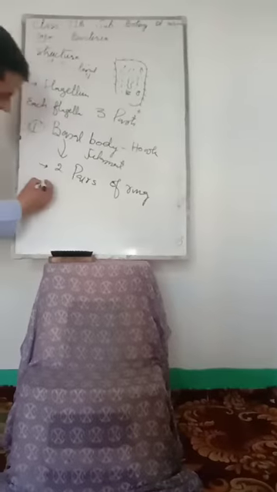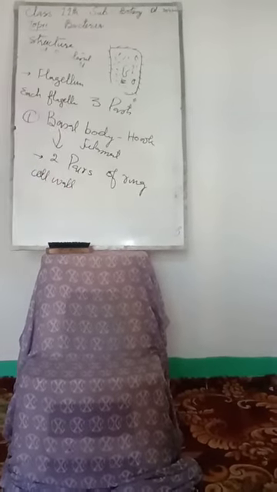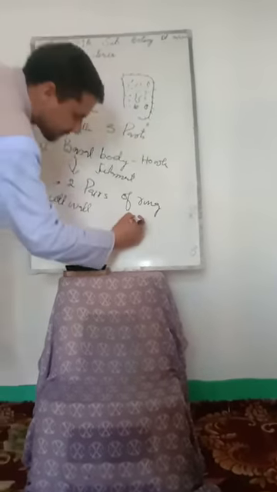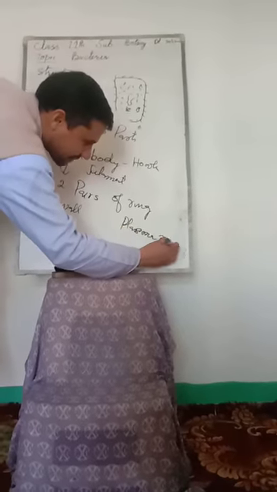One pair of rings lies in the cell wall, and another pair lies in the plasma membrane.